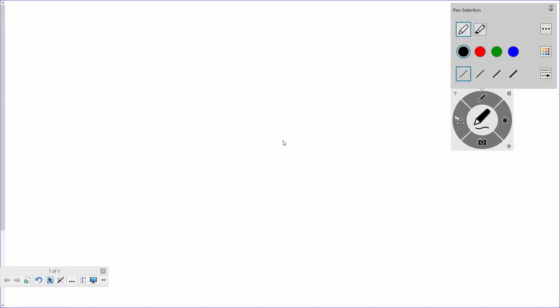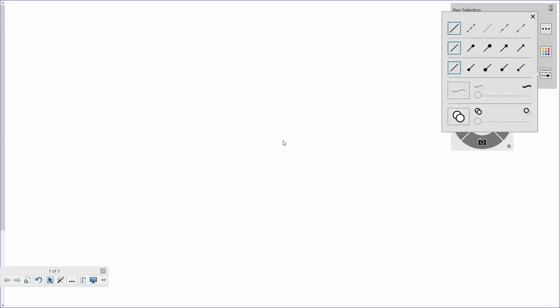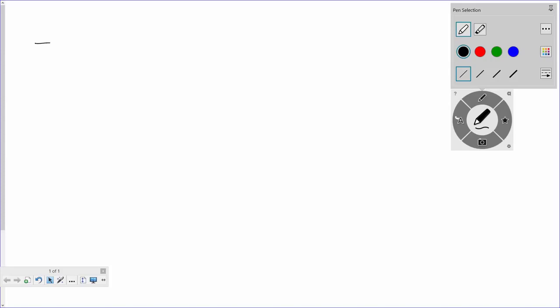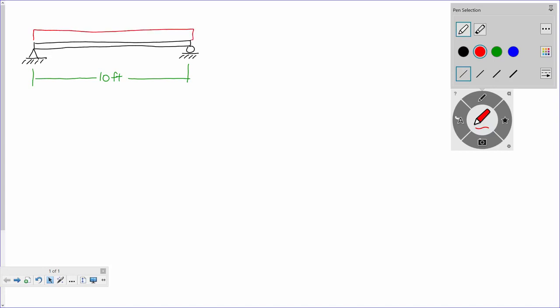So here's the beam, and that beam is 10 foot long, and it is being subjected to a uniformly distributed dead load of 5 pounds per foot.